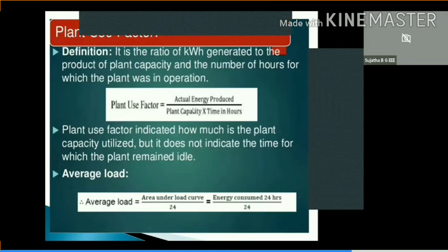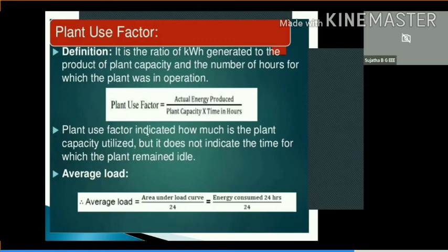In the denominator, we have plant capacity, maybe in megawatts or kilowatts, into time, so this will be kilowatt hour. In the numerator also we have energy in kilowatt hour. The time in hours is the time for which the plant was in operation, that has to be considered. That's why it is plant use factor: for how much time the plant was utilized, or run.